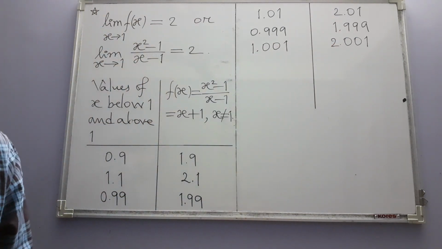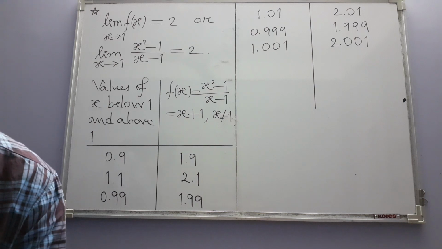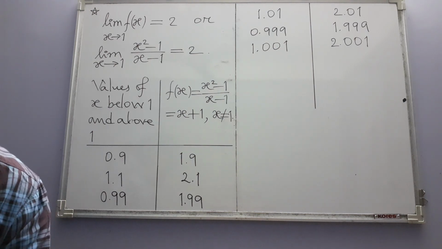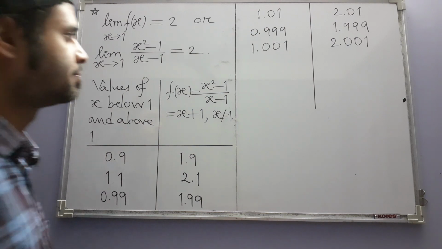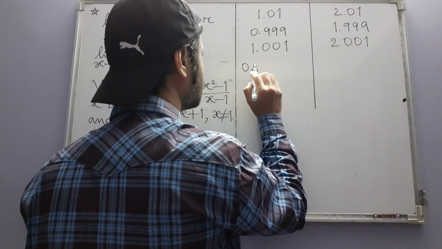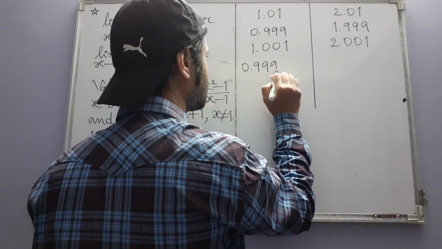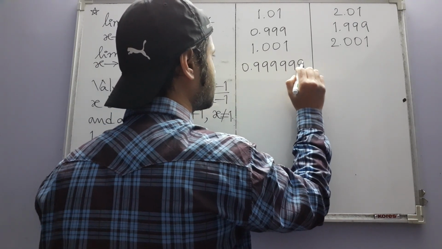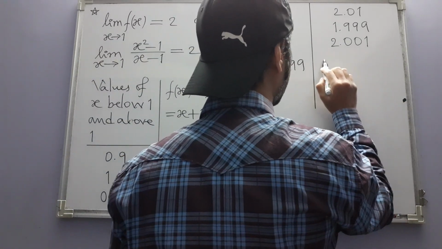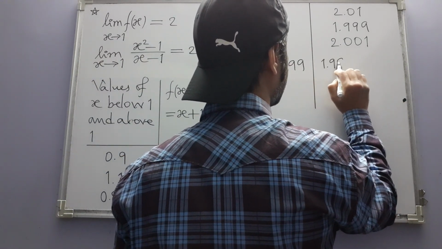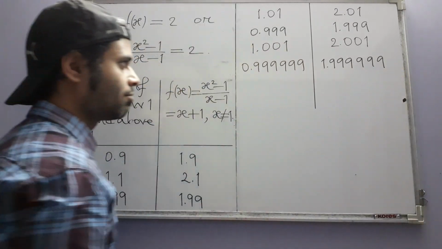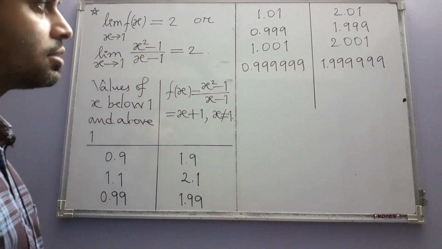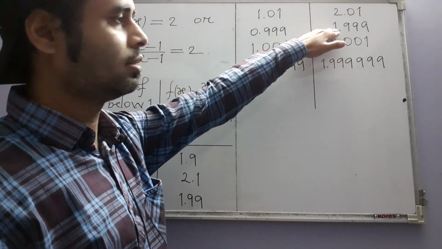And the last two values, I think they have taken many places of decimal, 6 nines. And correspondingly, the f(x) value looks like this, which is much closer to 2 than this one is.